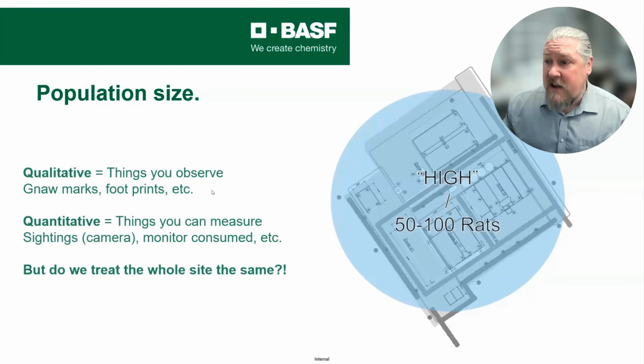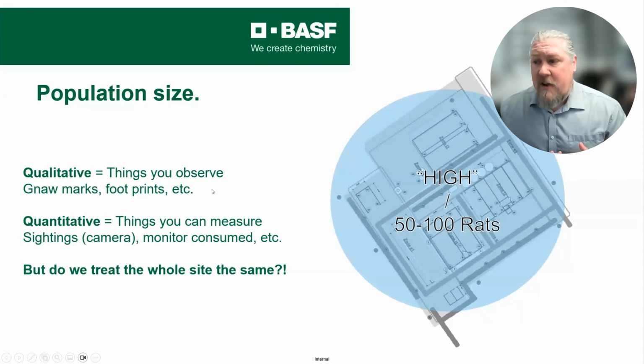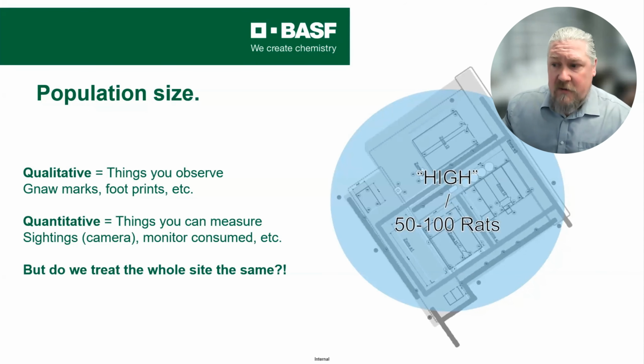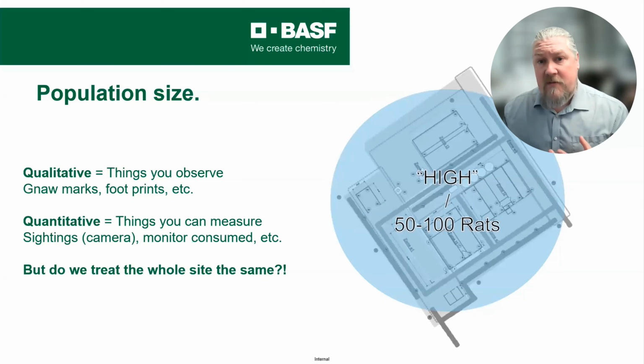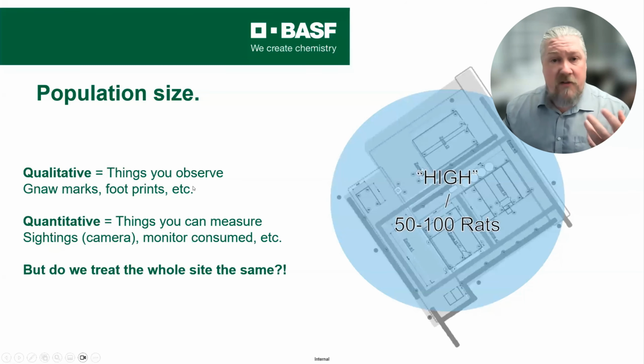So what I mean by that is qualitative is things that you observe, gnaw marks, footprints, okay? They are evidence of the rats having been there. And the more evidence I find of rats being there, the higher or lower that population is going to be. And it's going to be like a sliding scale of subjective terms. There's a high number of rats, there's a low number of rats based on the number of droppings, footmarks, gnaw marks that I've found.